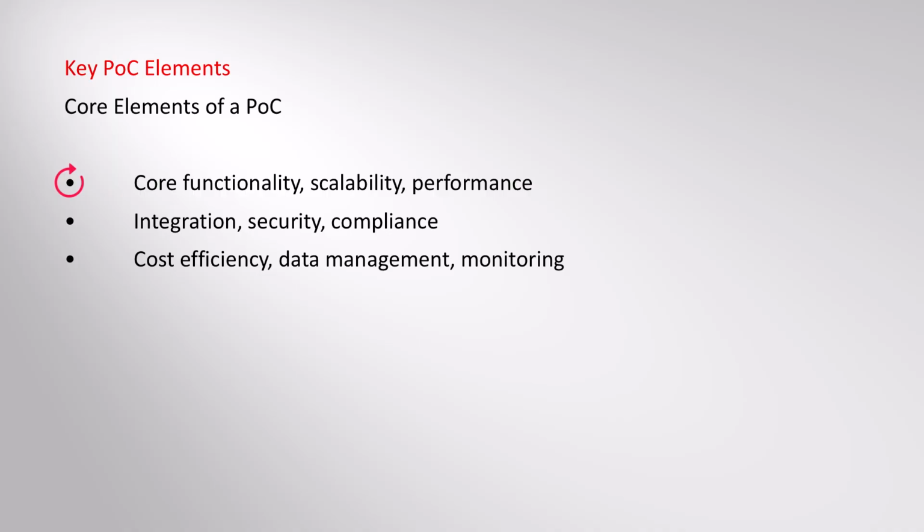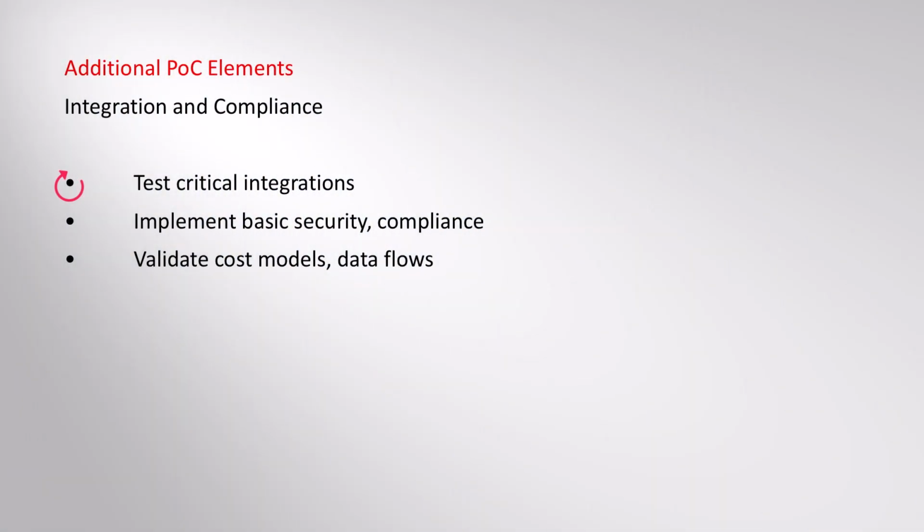Demonstrate scalability by testing how a component handles increased loads. Select one or two key performance indicators, KPIs, critical to project success for performance evaluation. Third, integration points. Validate at least one critical integration to confirm that the solution connects effectively with required systems or services.